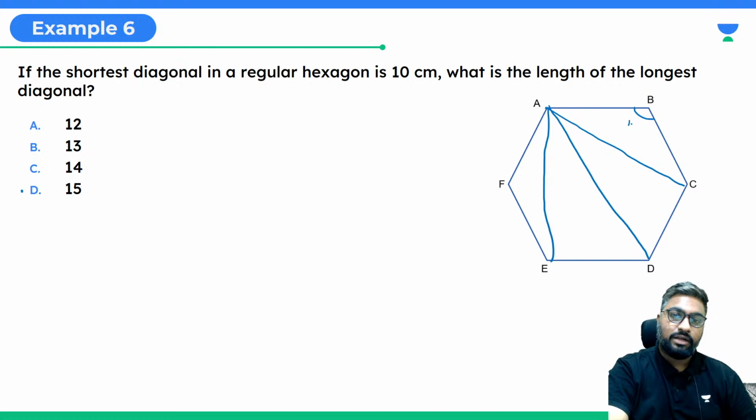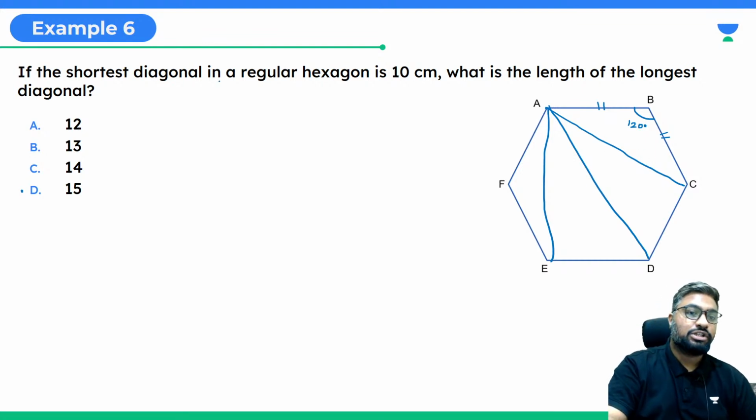So this will be 120 degrees. If you look at this isosceles triangle with 120 degrees, this will have to be the largest side. This is not the largest, but it will obviously be greater. AC is not the shortest diagonal.